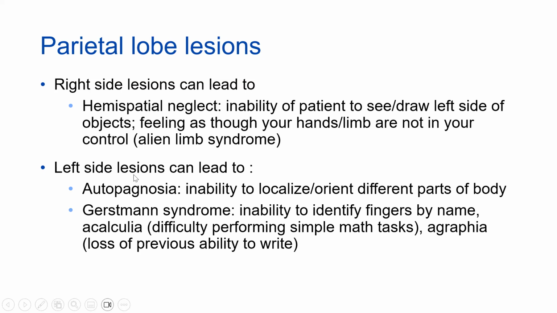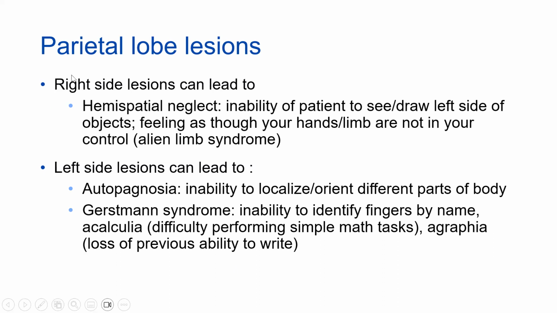Left side lesions of the parietal lobe can lead to autotopagnosia, and this is the inability to localize or orient different parts of the body. This makes sense because we said that the parietal lobe is involved in proprioception. And then one clinical point you want to keep in mind is Gerstmann syndrome, which is the inability to identify fingers by name, difficulty performing simple math tasks such as addition and subtraction, and agraphia, which is loss of previous ability to write.